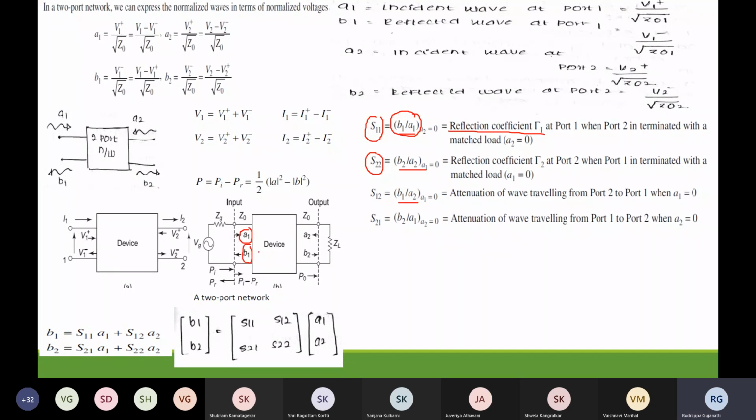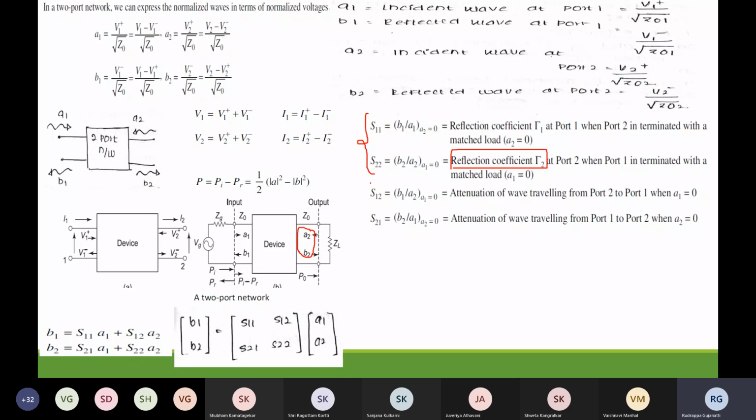So if I take this ratio, it gives me the reflection coefficient available at port 1. Similarly, if I take B2 by A2, which is S22, associated with port 2, it gives me the reflection coefficient at port 2. So these are associated with the reflection coefficient parameters.